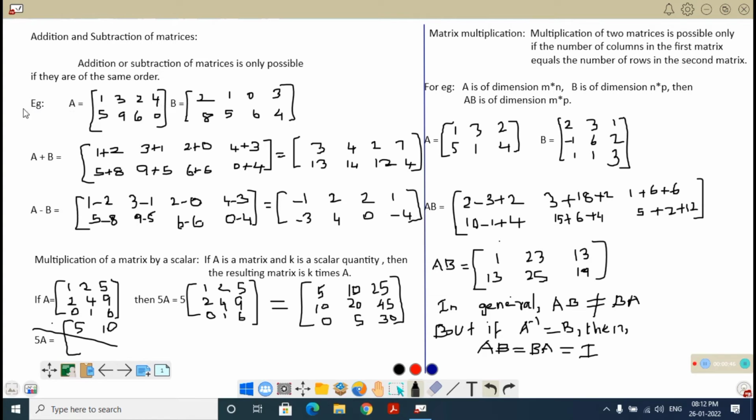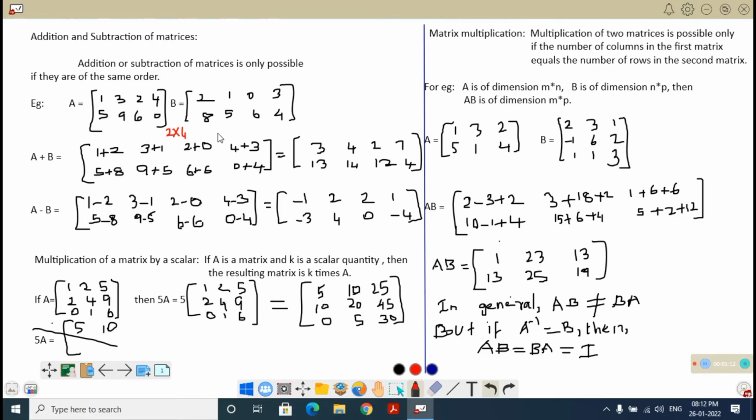For example, here a matrix is given as A is equal to 1, 3, 2, 4, 5, 9, 6, 0. And I'd like to write here what is the order of this matrix, I mean dimensions. We have 2 rows and 4 columns. So we can write it as a 2 by 4 matrix, isn't it?